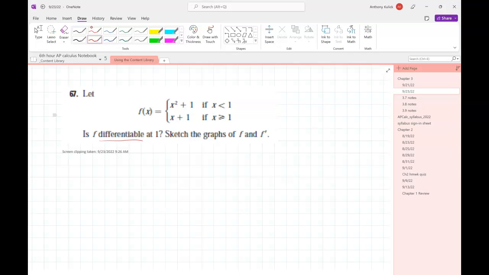Is it continuous at 1? Because that's easy to check, right? The limit as x approaches 1 from the left of f of x means I'm going to be plugging into the first equation. And the limit as x approaches 1 from the right means I'll be plugging into the second equation.